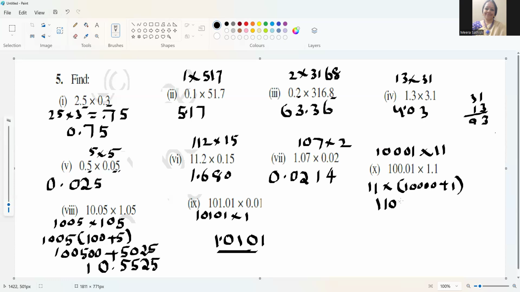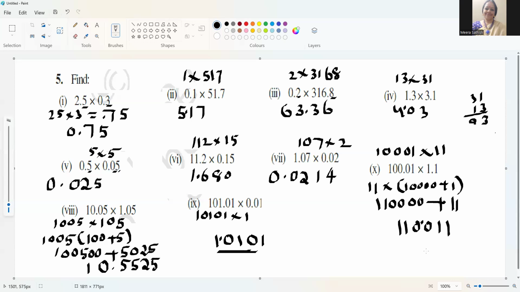Okay, now plus 11. So we have to add this. So adding, what we will get? 110,011 we will get, and 3 decimal places.